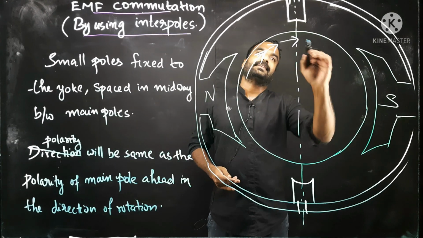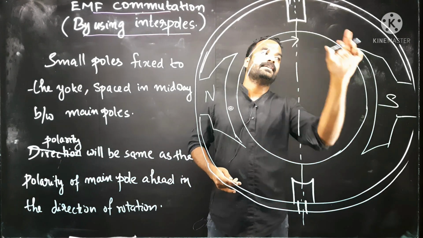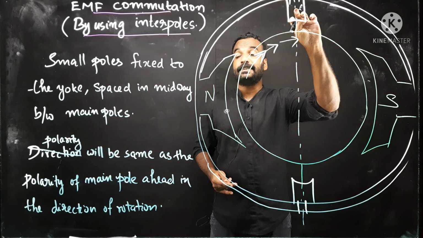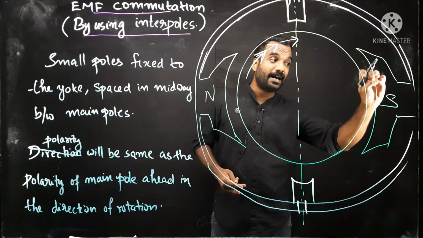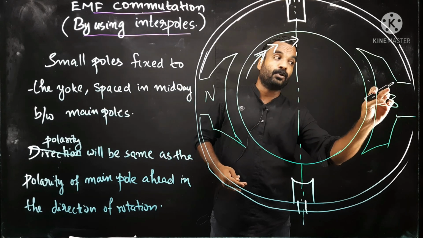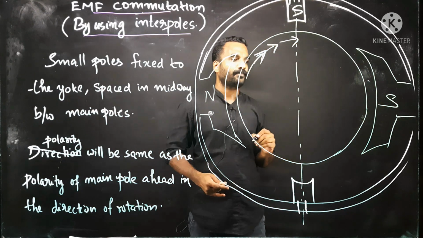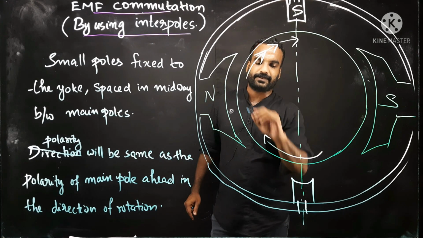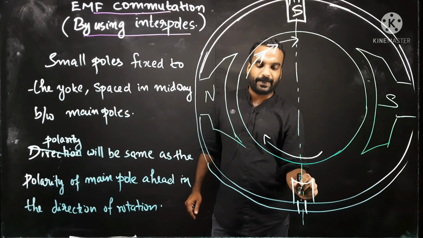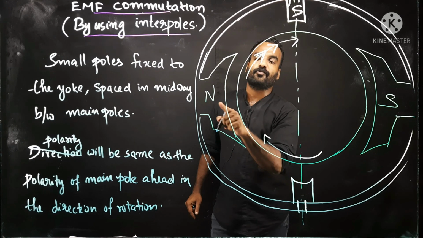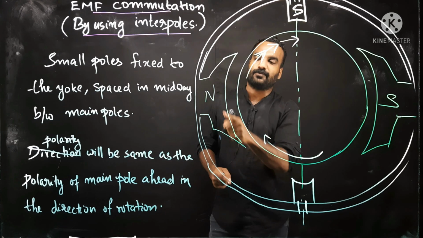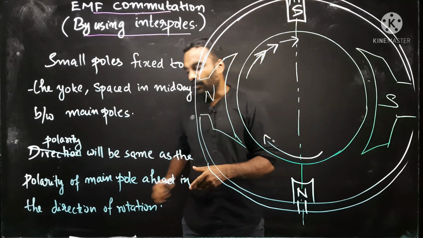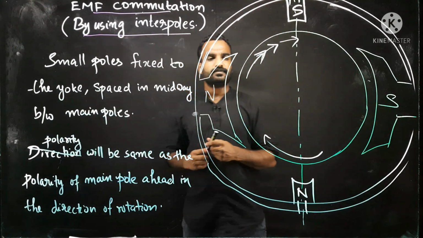So if you are rotating like this, for this interpole, this is the main pole ahead. So the polarity of this interpole will be same as the ahead main pole. So this will be south. And what about this one? The rotor is rotating in this direction. So its polarity will be same as the main pole ahead in the direction of rotation. So this will be north. Okay. Now the things are very clear.